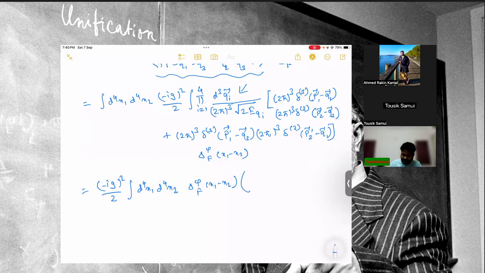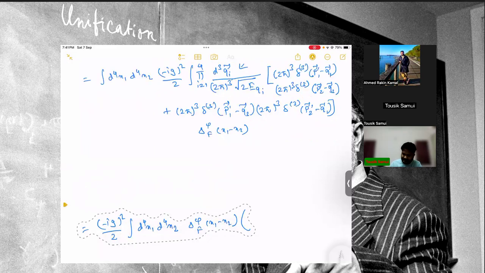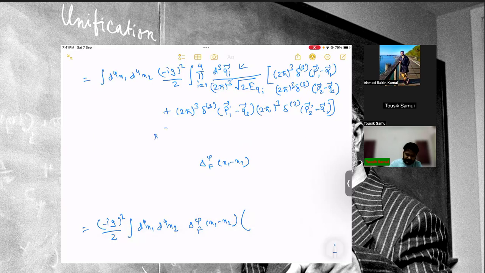Okay, I actually forgot to write one more term here. It's like this term, and there are 2 more delta functions. Let me write the shorthand.